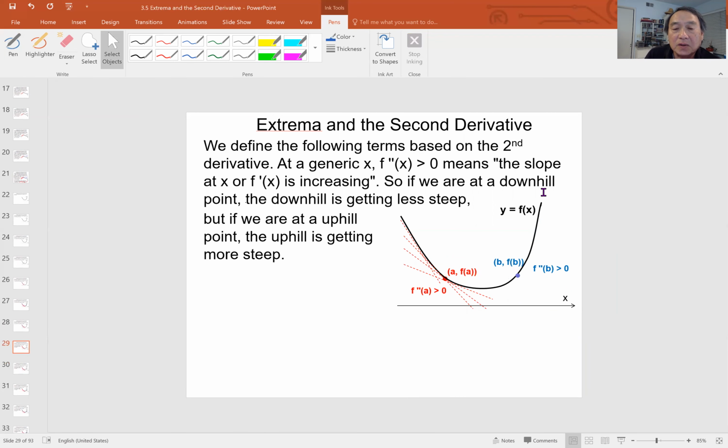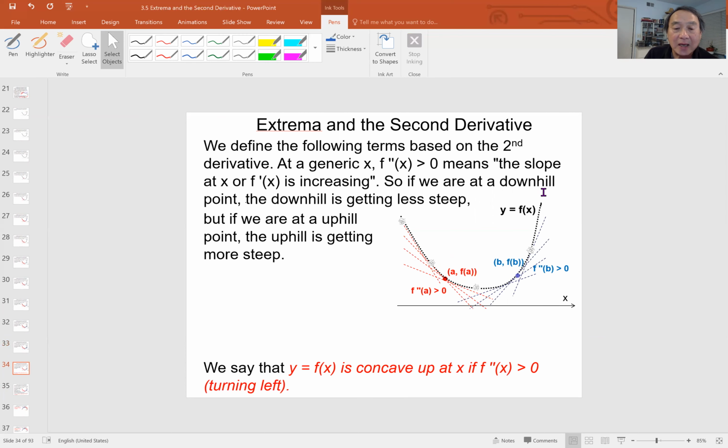In other words, the second derivative at these points is positive because the first derivative is increasing. In this case, where the second derivative is positive, we call this concave up.